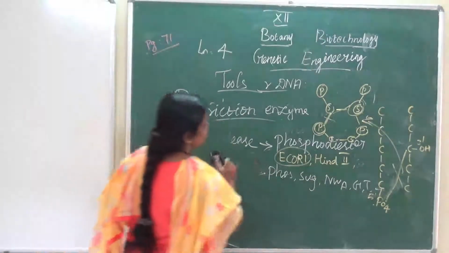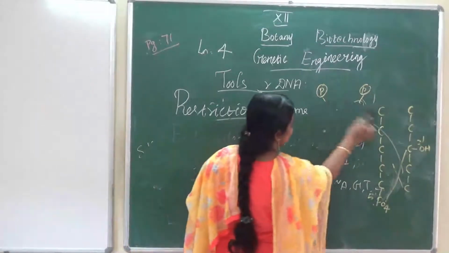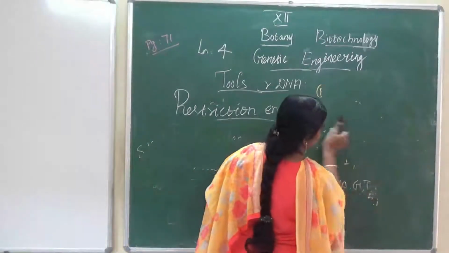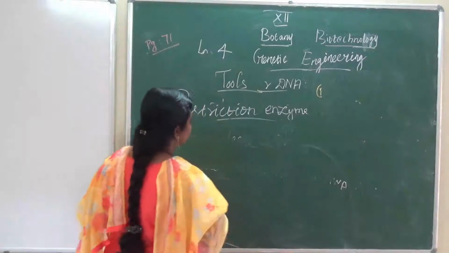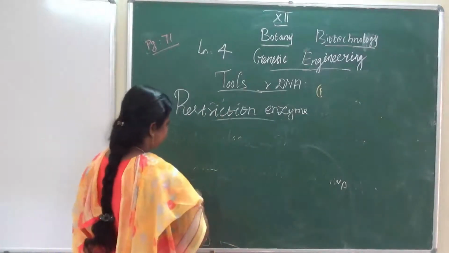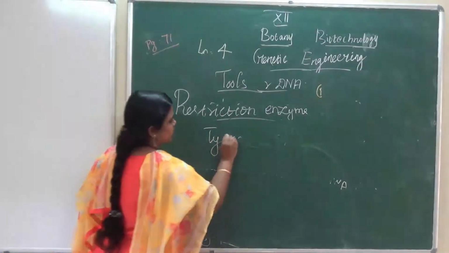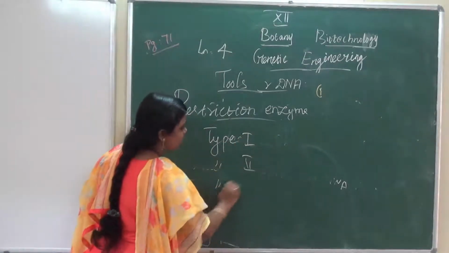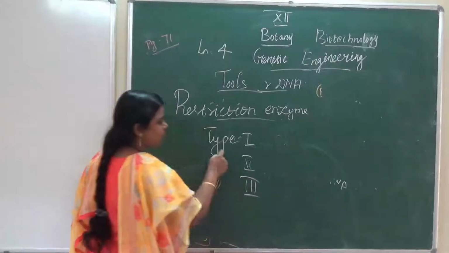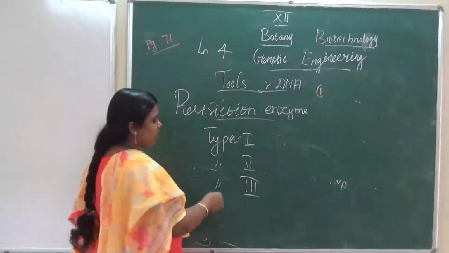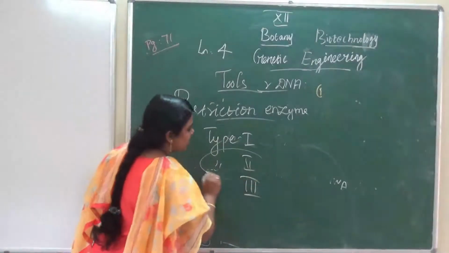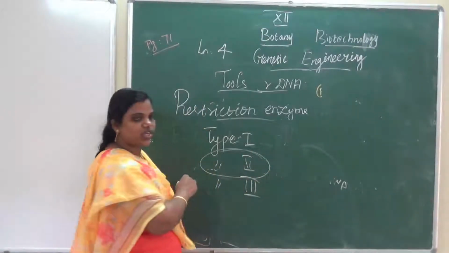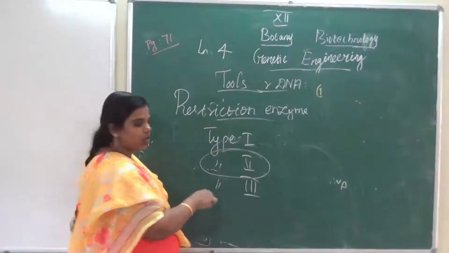Restriction endonuclease is mainly of 3 types: type 1, type 2 and type 3. But nowadays we are using type 2 only.